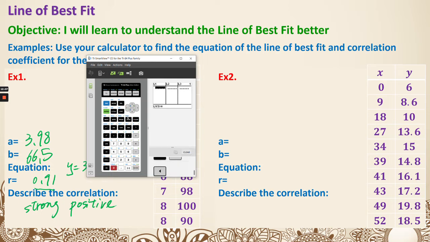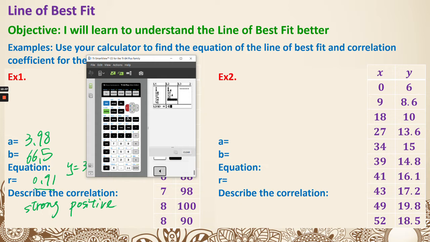I'm going to have 0, and then 9, 18, 27, 34, 39, 41, 43, 49, and 52. 10 data. Moving on to L2. I have 6, 8.6, 10, 13.6, 15, 14 point, oh, not a comma.